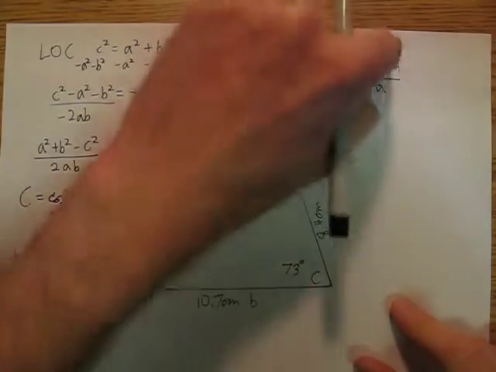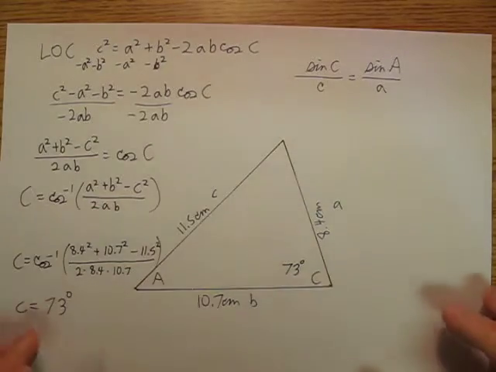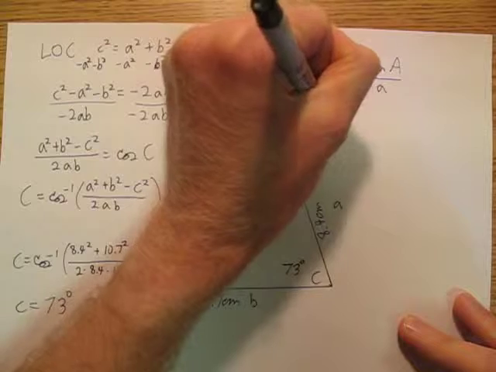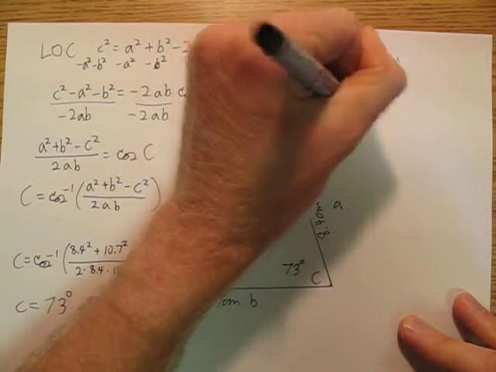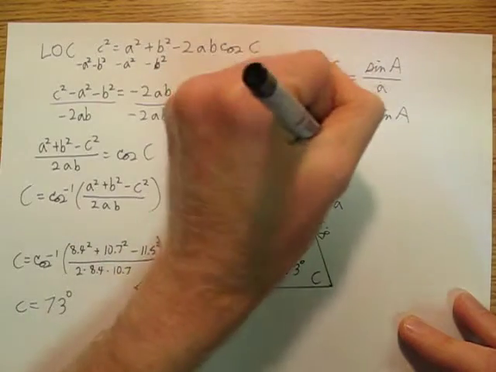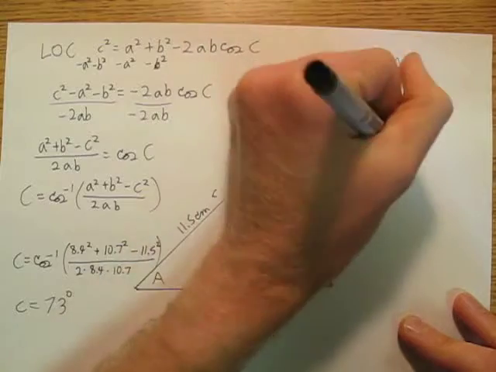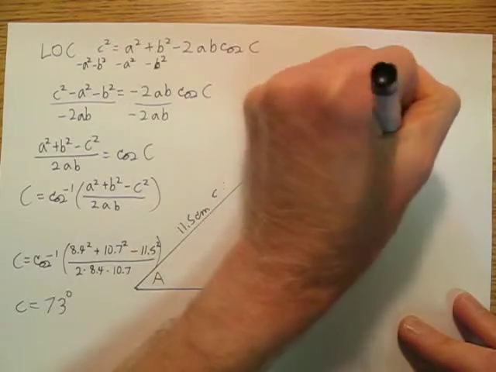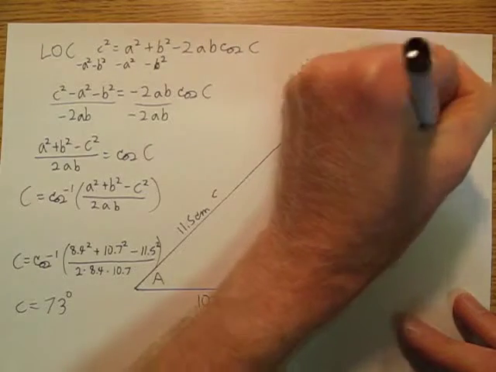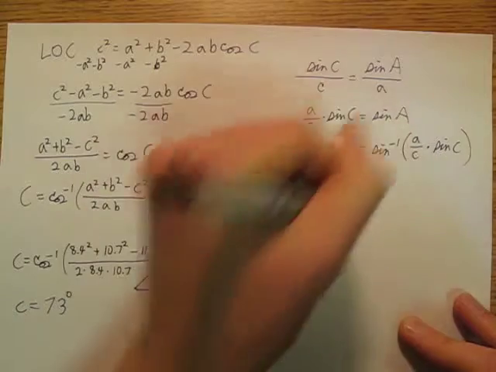And I want to use that to find angle A. And so I'm going to say a over c times sine C is equal to sine A. And so finally, A is going to be the sine inverse of a over c times sine C.